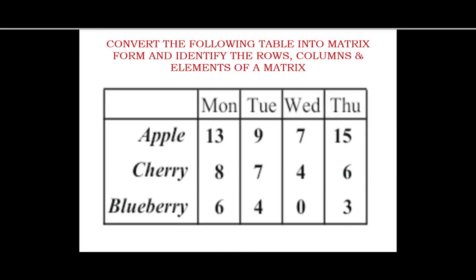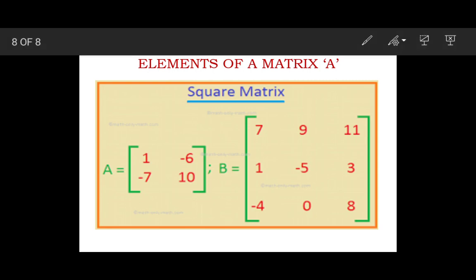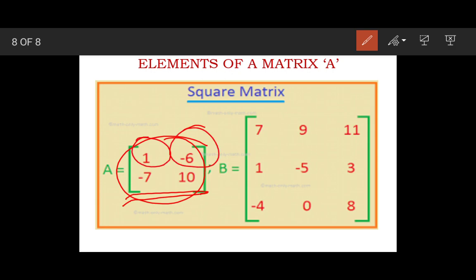Then next, one more example. First, identify the number of rows, then number of columns, then write down all the elements of matrix A, and then write position of 1, position of -6, position of -7, and position of 10.